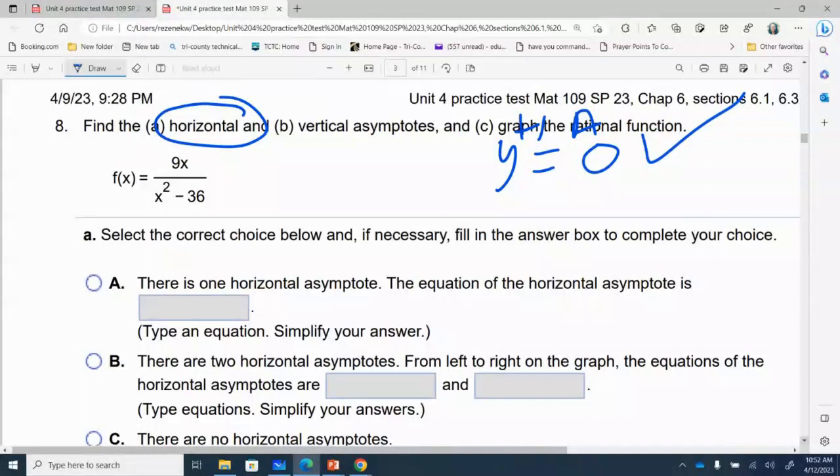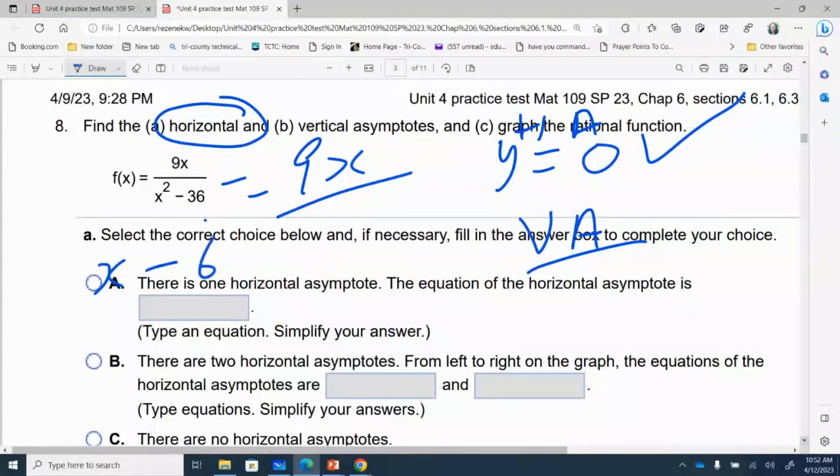Does it have a vertical asymptote? VA. Does it have a vertical asymptote, or 2? Yes. So you equate the denominator to 0. So you have x minus 6 times x plus 6.